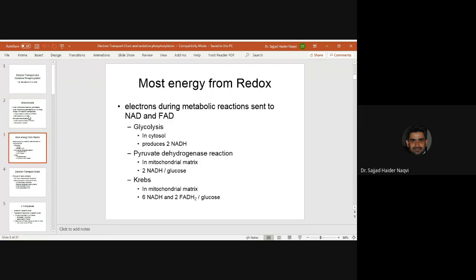Now, the energy which comes out of the food as a result of burning mainly comes from redox reactions. What are redox reactions? I'm sure you have studied them in your general chemistry. Redox reaction is a term used for the coupled reaction of reduction and oxidation. Whenever a reduction reaction is going on, simultaneously there must be an oxidation reaction going on as well, because these two reactions are coupled.